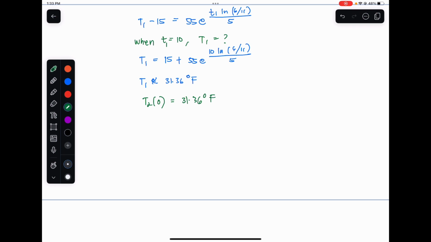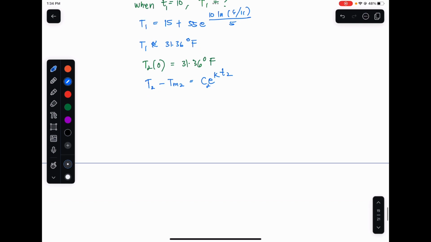Since we now have t equal to 0 and the temperature 31.36, we can compute the new value of C. So T2 minus Tm2 is equal to C2 e raised to K T2. Our temperature is 31.36, Tm2 is 70, then we have C2 e raised to K times 0 initially.